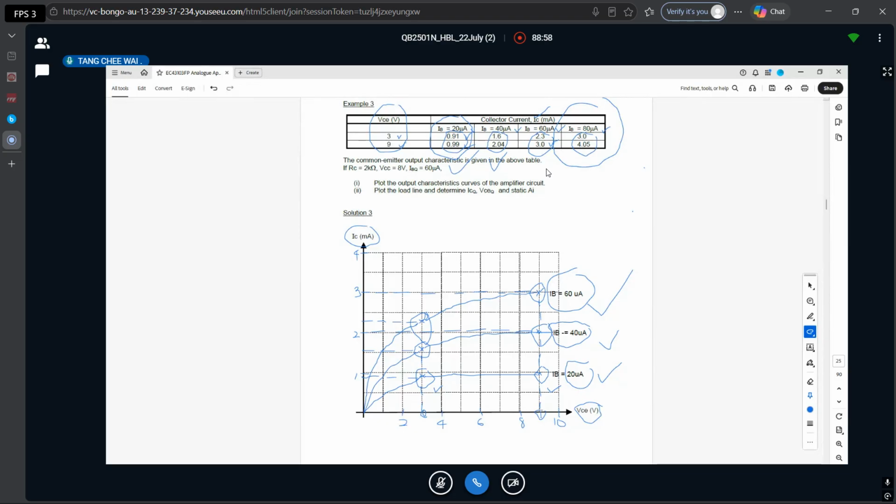Yes? Okay, so same thing. I look at VCE again, 3 volts, no change, 3 volts, still going up. Okay, but now my IC is what? 3 milliamp. So my 3 volt, I still project up here.